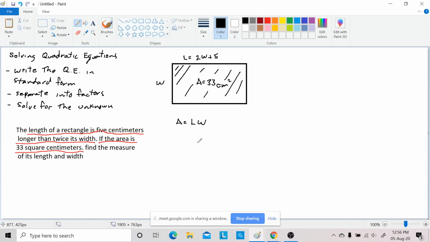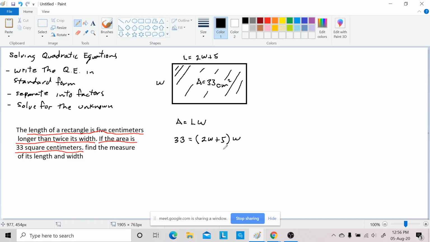Okay, but we have information. A is 33. So I can substitute, right? W is W and L is 2W plus 5. If I substitute all of that information into the formula, I get 33 is equal to 2W plus 5 times W. Correct?